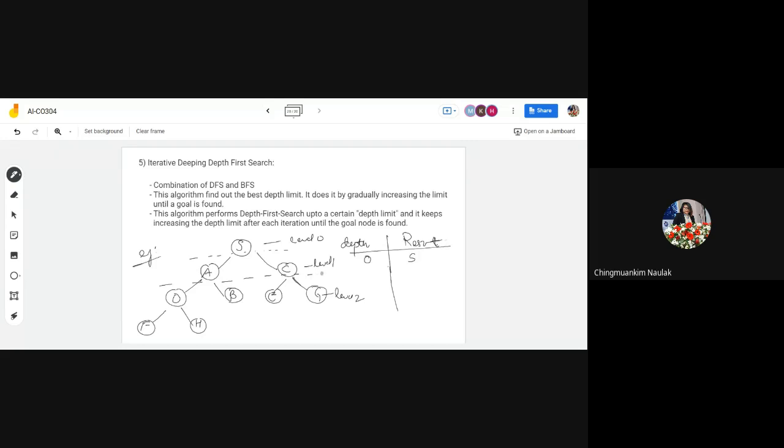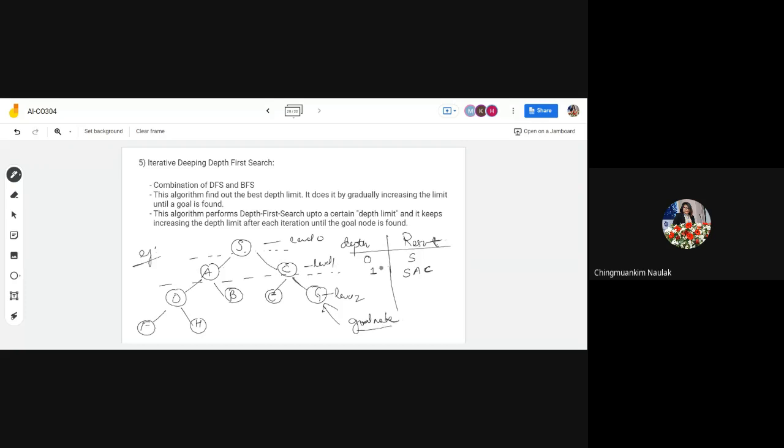For depth 1, you have S. After that you will visit A, and then in level 1 the adjacent node C, so you will have S, A, C. Now you have explored till level 1. And I forgot to tell you that G is the goal node.